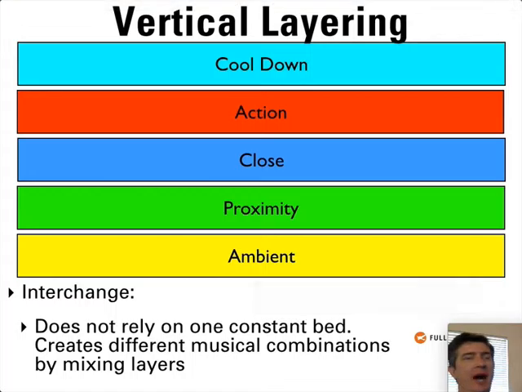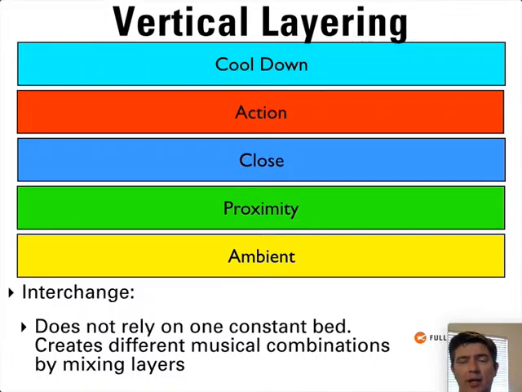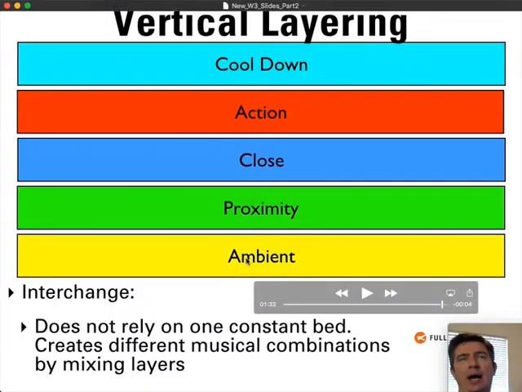Interchange does not rely on any of the previous files to play. You can play them all in any sort of combination. So you can have 1, 3, and 5, and 2, 4, and 5, and any of the different combinations. You actually get more variations this way because you're not always reliant on the same combination of 1, 2, 3, 4, 5, 5, 4, 3, 2, 1.